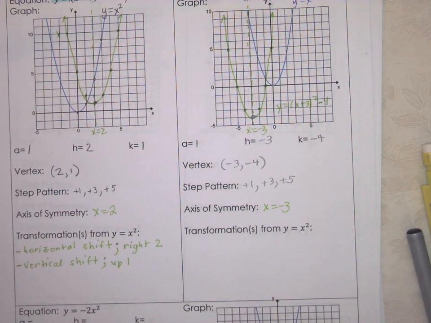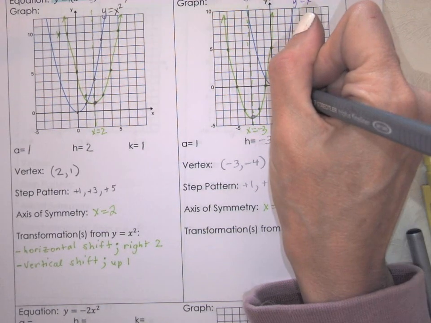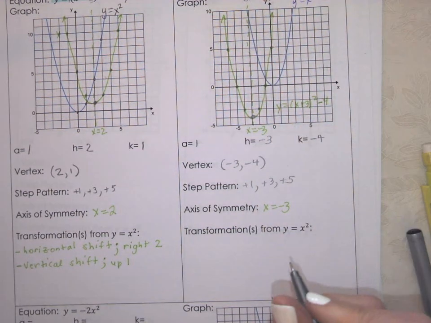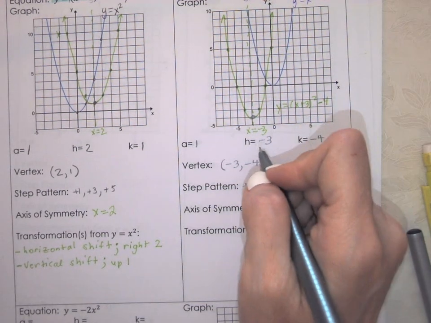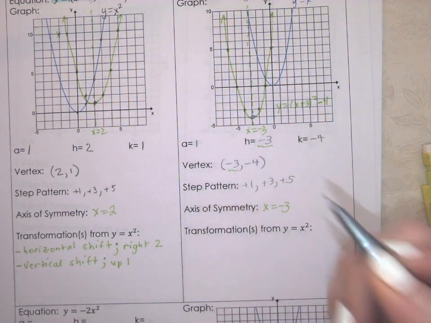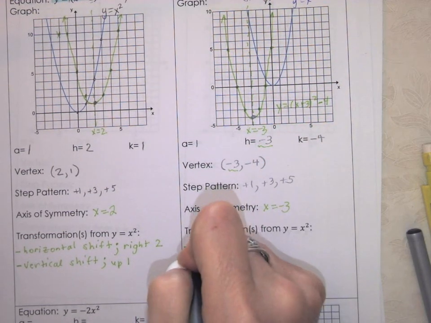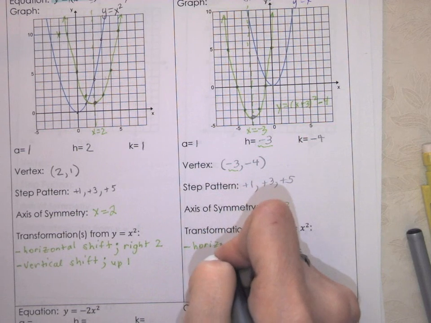They have exactly the same shape, so I don't have any stretches or compressions going on, but I have shifted the vertex left 3, because h is -3, and we call that a horizontal shift. Left or right is always our horizontal component.